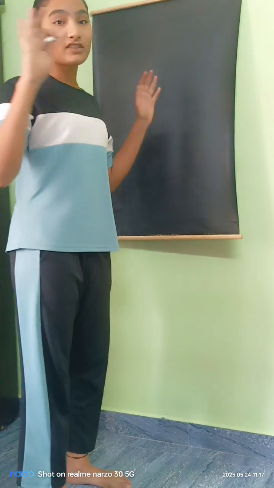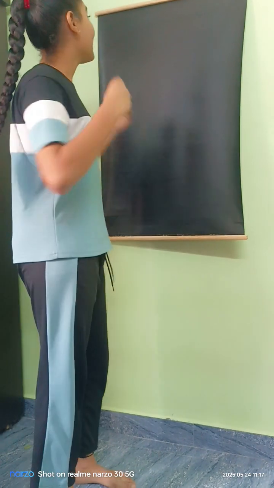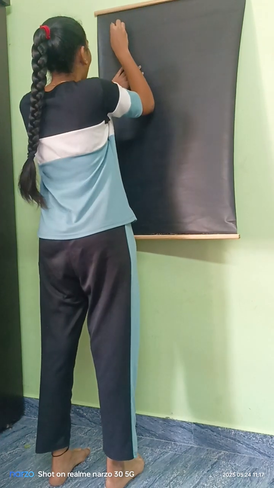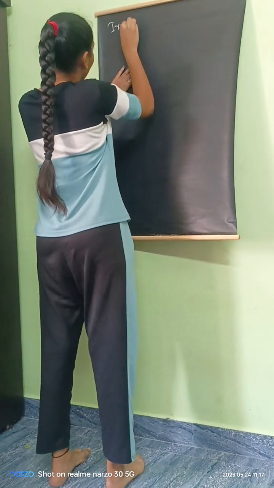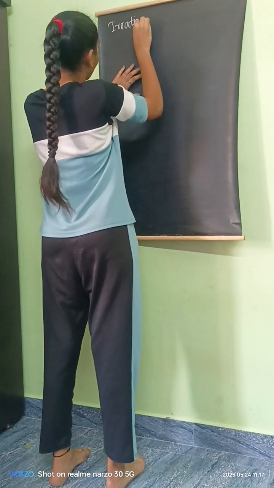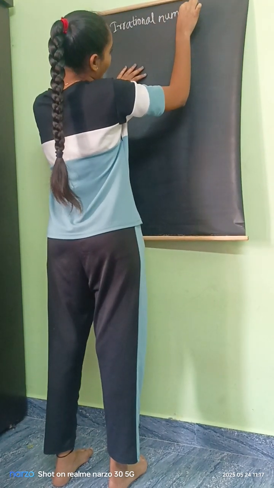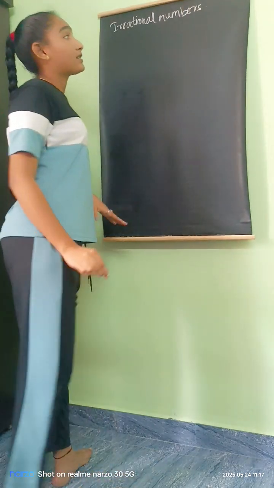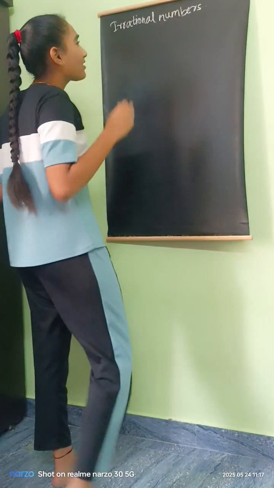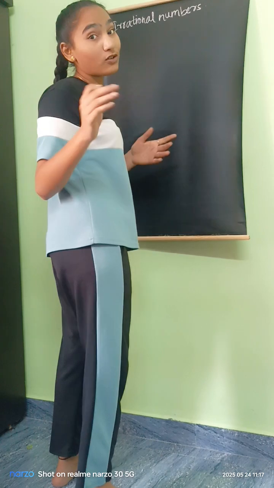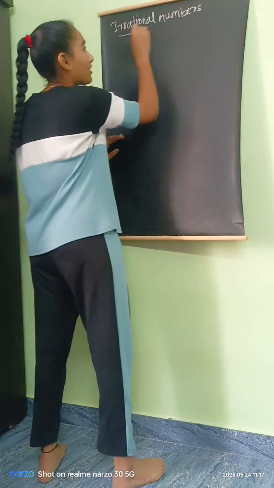So after this topic has been completed, let's dive into irrational numbers. What are irrational numbers? Just the opposite of rational numbers.